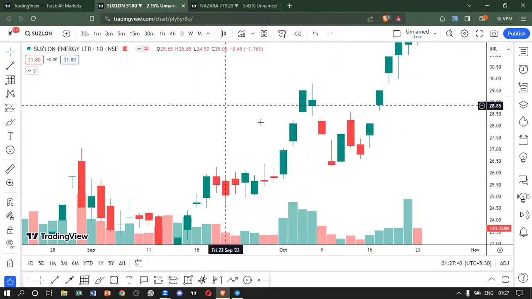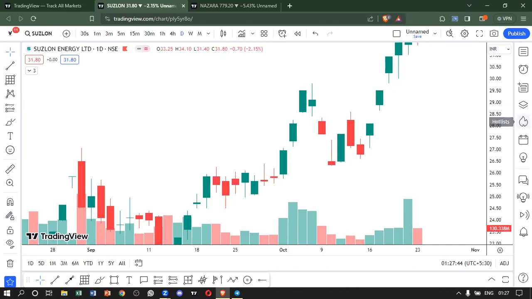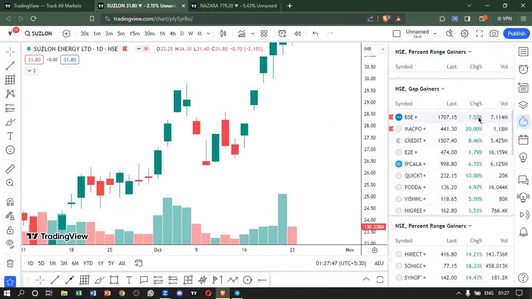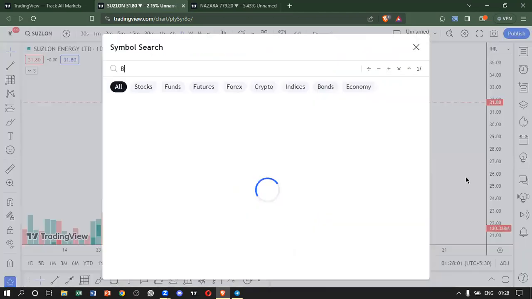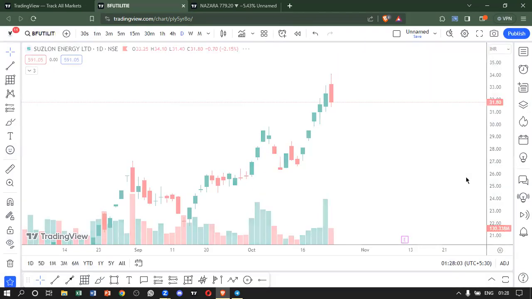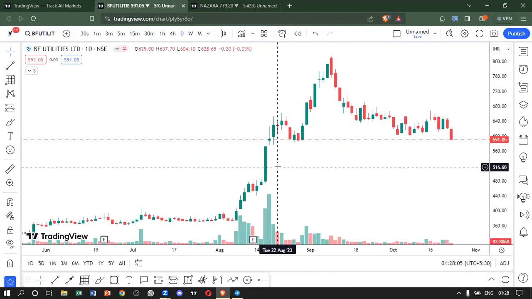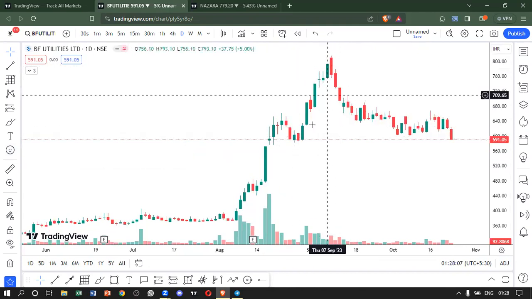So in order to make 1% ROI every day, what you need to do is go to the hot list section of TradingView. Right over here, you will see a fire symbol on this counter, and you will find the highest gaining stocks or the most trending stocks for that particular day. So, for example, BF Utilities used to come a lot in the month of October and September in the hot list section.